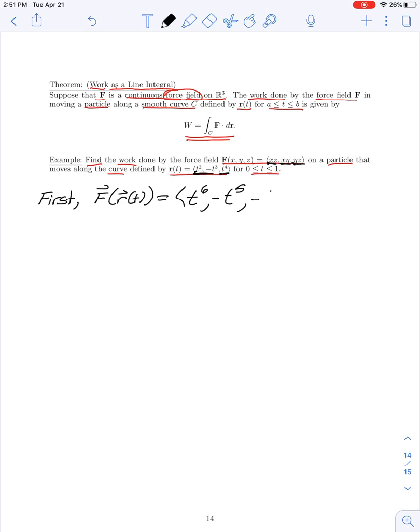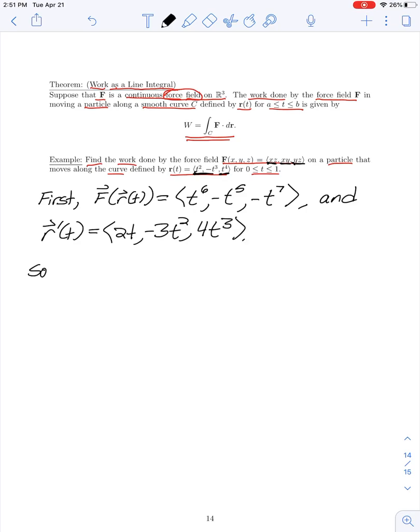So multiplying our last two components for r, we have negative t to the seventh. And we also need to find r prime of t. So here, r prime of t is given by 2t, negative 3t squared, and 4t cubed. So now we're ready to find the work done.